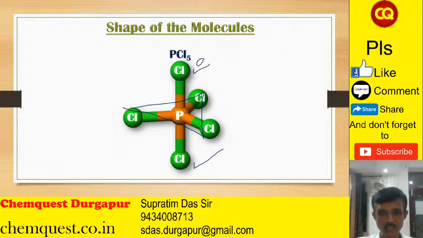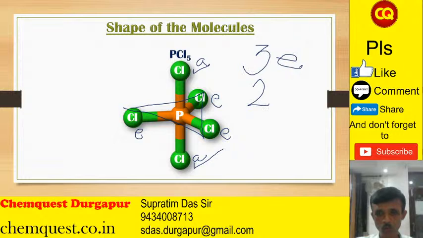These are known as axial, but these are known as equatorial.